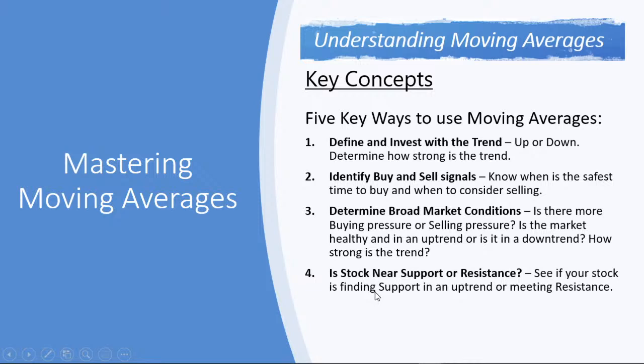They also provide support and resistance. So if your stock is finding support in an uptrend on a particular moving average, or in a downtrend, is it hitting resistance on a moving average, a 20-day EMA, for example? A lot of swing traders like to use 20-day EMAs.